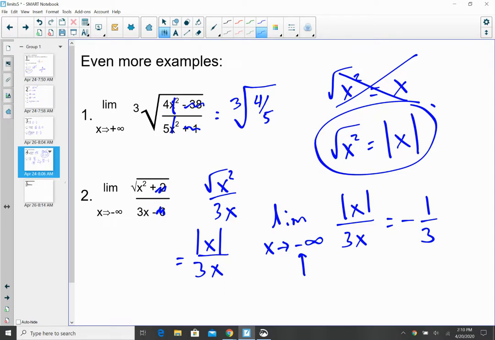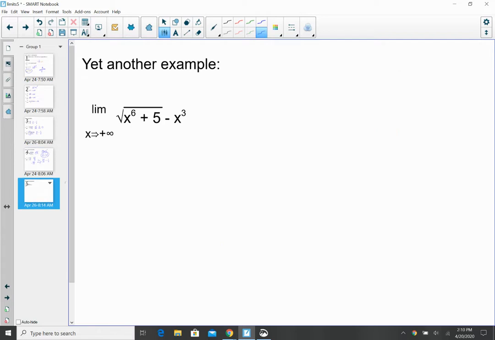Lastly, one other example I want to look at, similar to what we had to do a couple days ago. Now, if I put the infinity in here, you get infinity to the 6th power plus 5, and then people want to say the 5's not going to matter, and isn't this going to be 0?